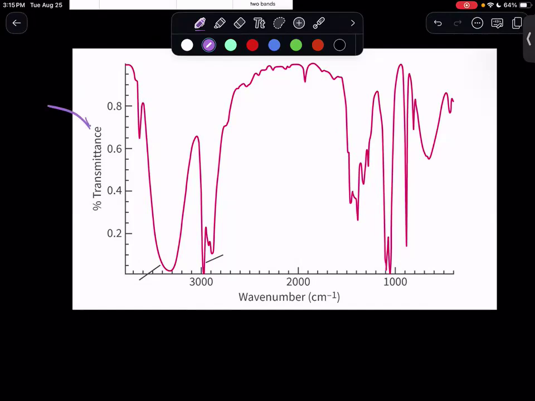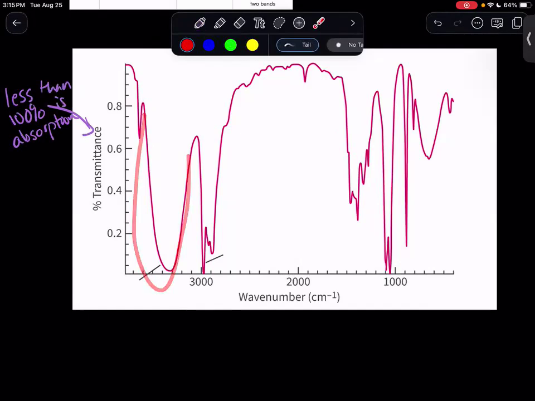So we have our transmittance here on our y-axis, and for transmittance, anything less than 100% is absorption. So if the bond is absorbing infrared, we're going to see that as a dip, a valley in our graph because it's absorbing this radiation.